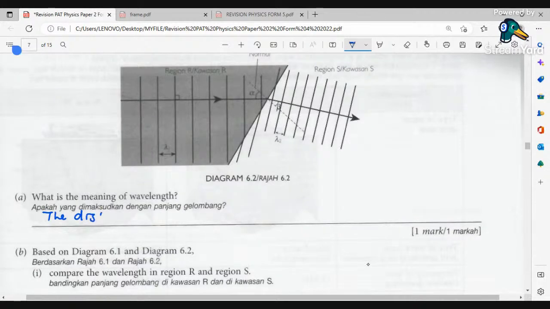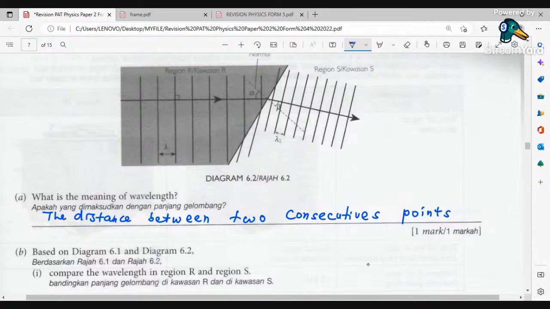The distance between two consecutive, yang berturutan, two consecutive points of same phase on a wave.